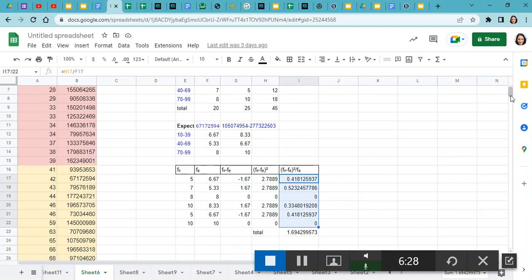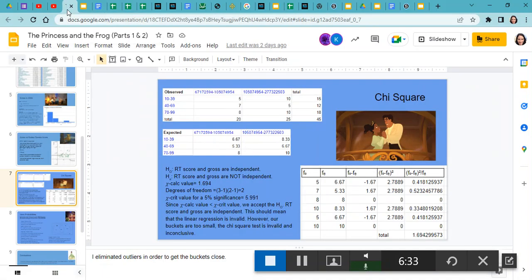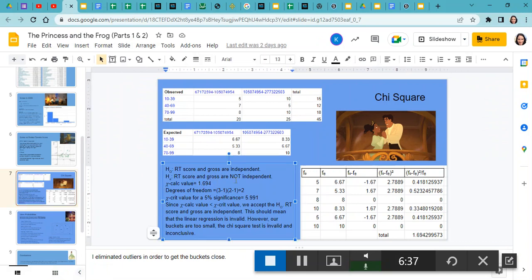Okay, so then we take that chi-calc and we're going to put that on the slide. So here's my chi-calc. And my degrees of freedom is the 3 minus 1 times the 2 minus 1, because I have 3 rows and I have 2 columns. To find your chi-crit value, go to your Unit 8, Day 4 notes.